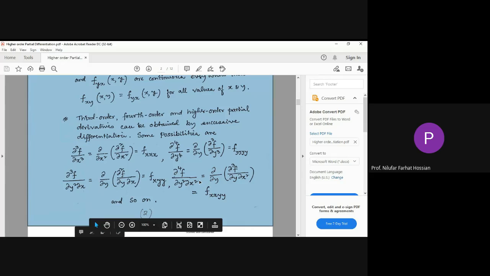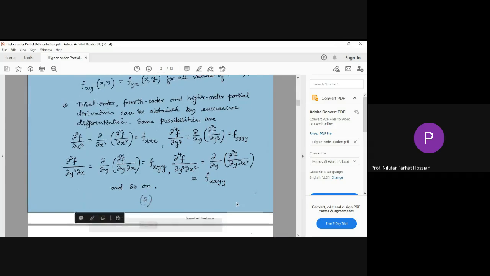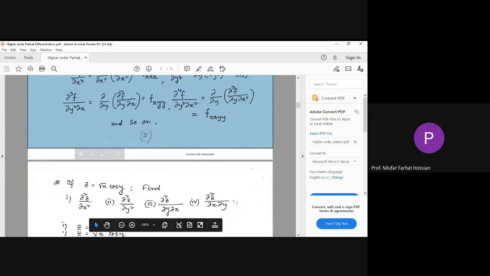It is fourth order differentiation. So del y of del cube f by del y del x square. That means at first with respect to x twice, with the subscript notation with respect to x twice, then with respect to y twice. So fxxyy. So these are some examples of the notations for higher order partial derivatives.